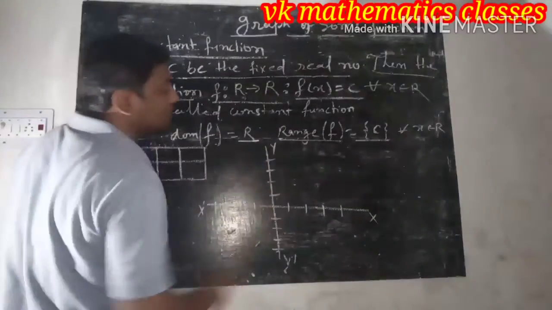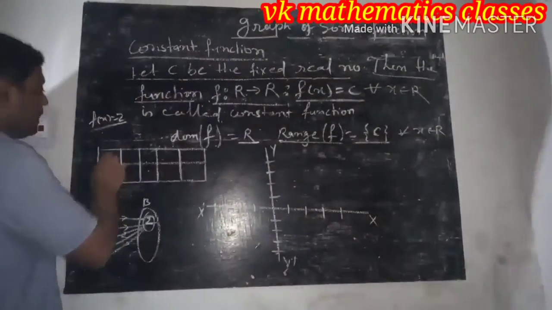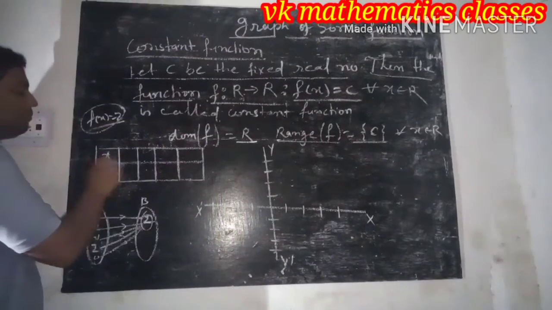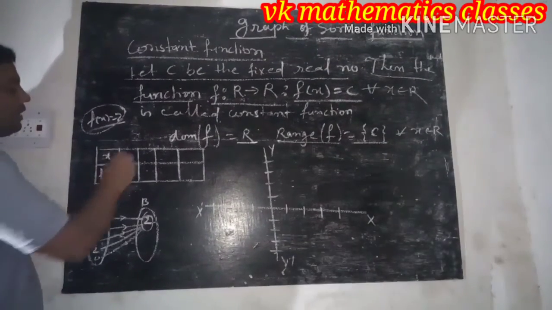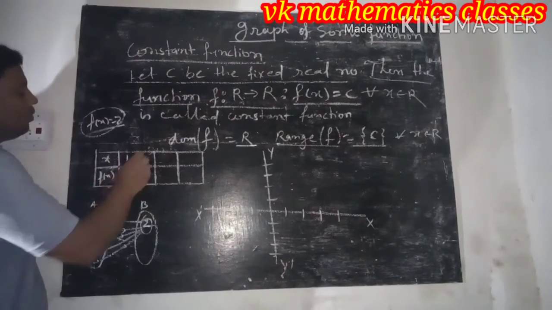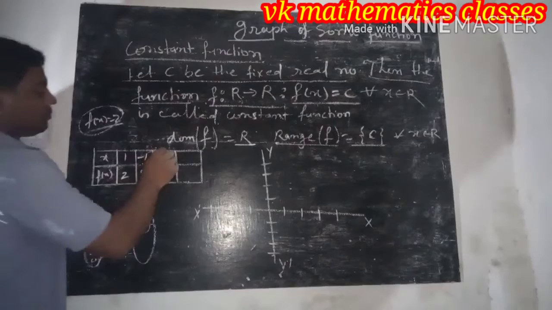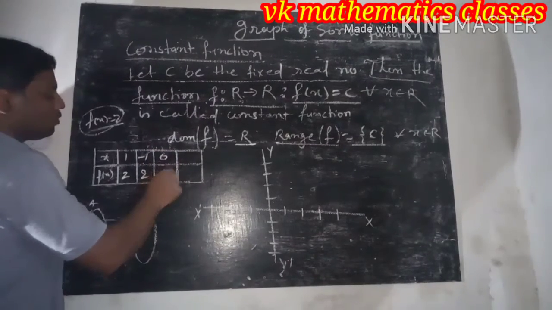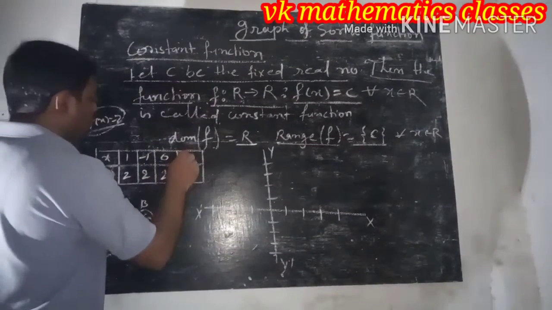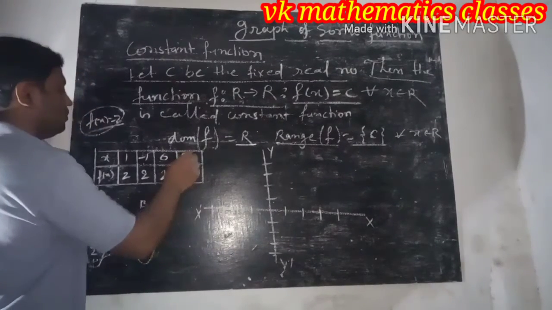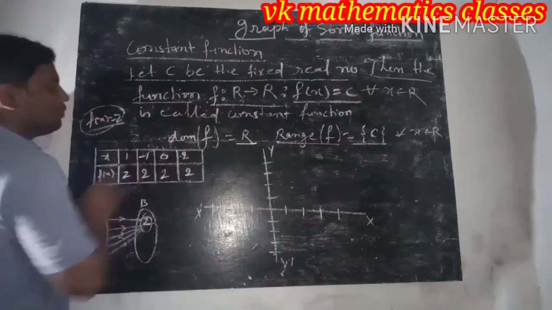So the graph of this function is represented here. Suppose this is the function f(x) is equal to 2, and we take x and f(x). We take 1, this is 2; minus 1 also 2; 0 also 2; and 2 is also 2.